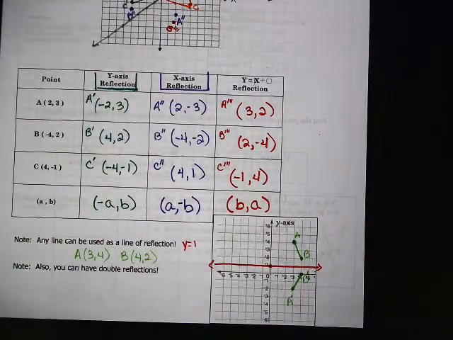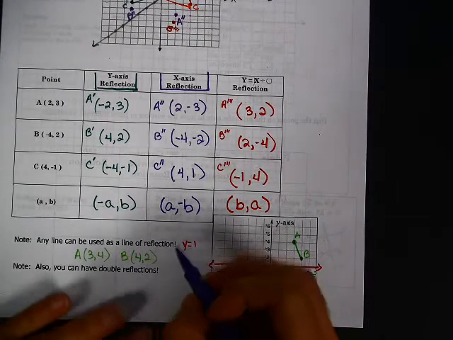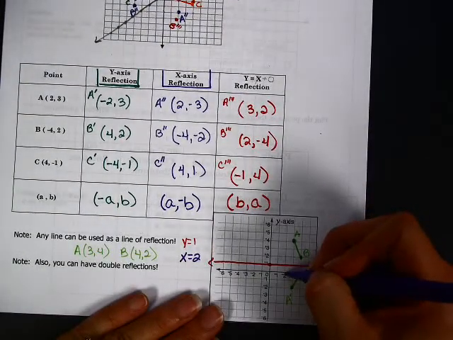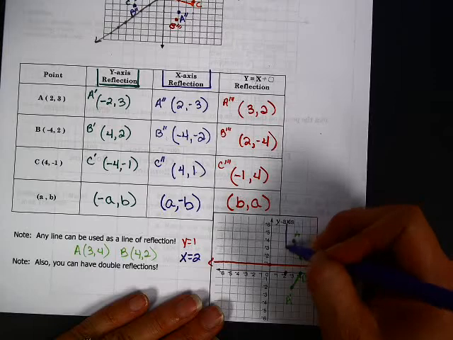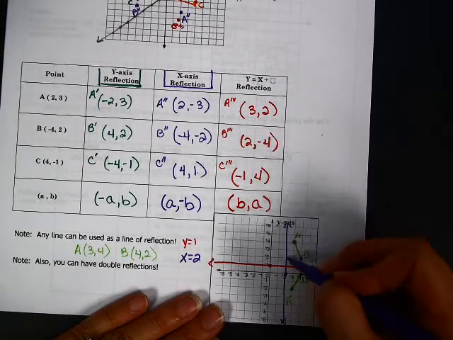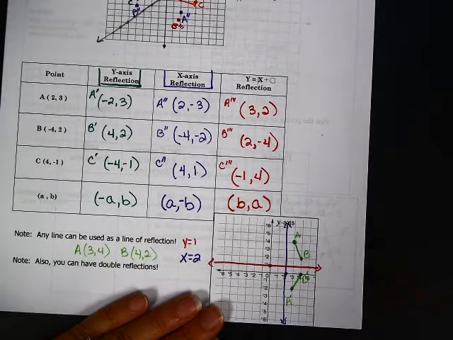Let's see, if I want to do the line x equals 2. This is where x equals 2 right here. I'm going to draw a vertical line where x equals 2 in every ordered pair on that line.